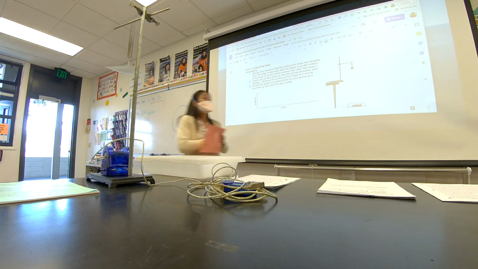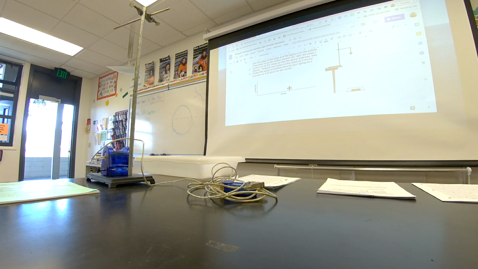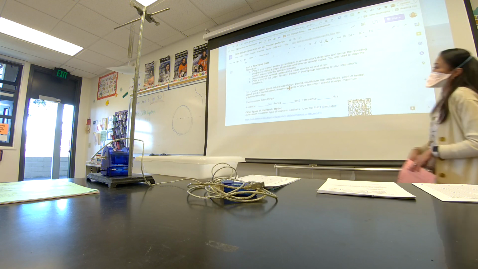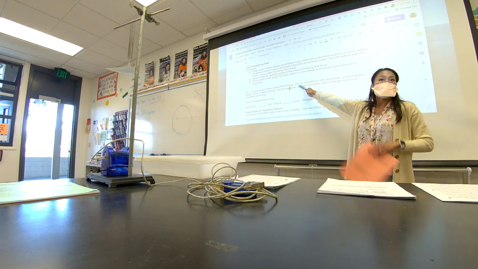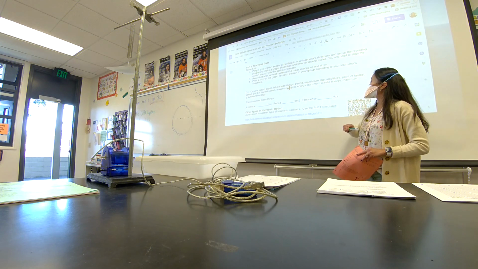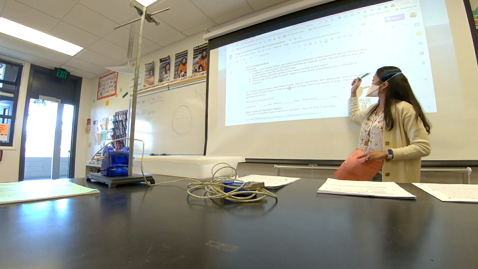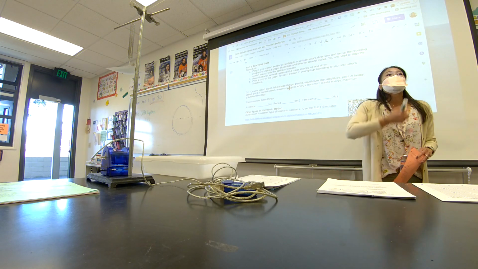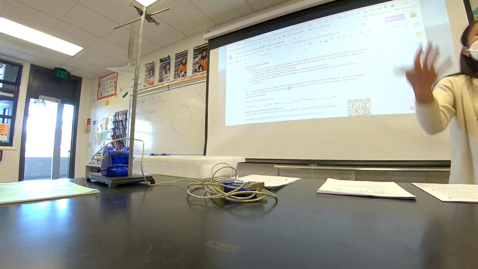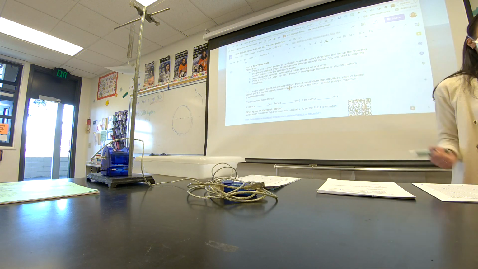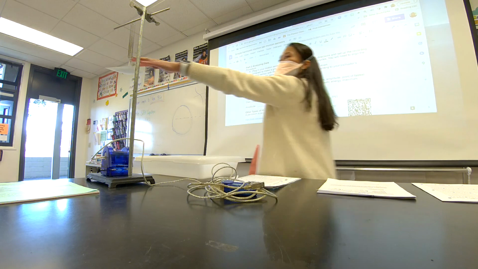So my tech managers, and I'm going to show you what roles you play, is going to be in charge of making sure that everyone in the group gets a nice, beautiful, zoomed-in graph. And then from there, you're going to analyze what a period of that graph is, what the equilibrium line looks like, the amplitude, and then think about the speed, the energy, kinetic and gravitational, in the motion of a pendulum.